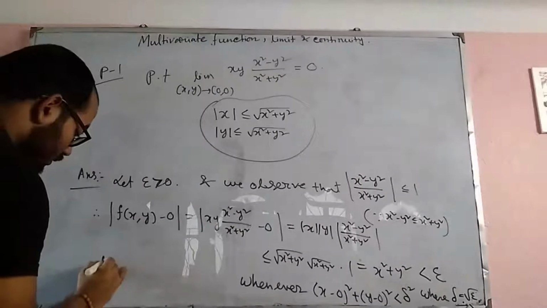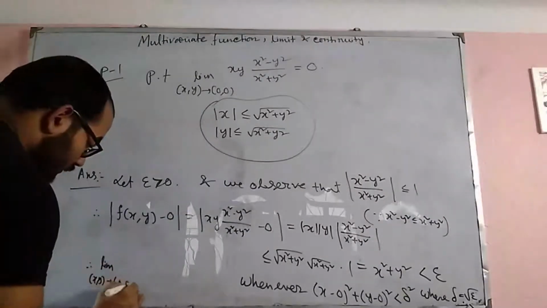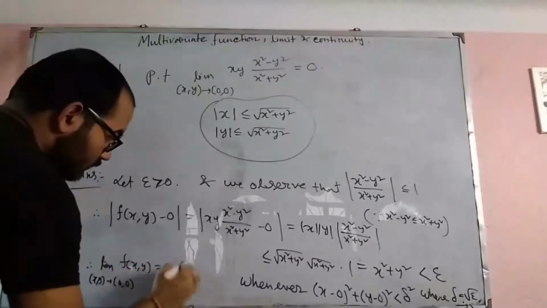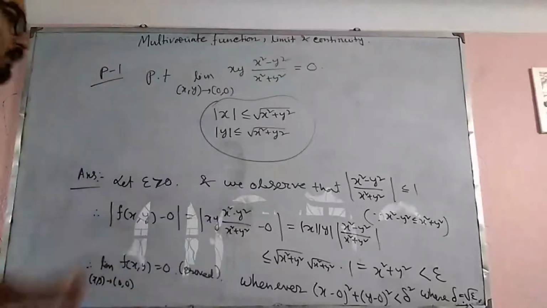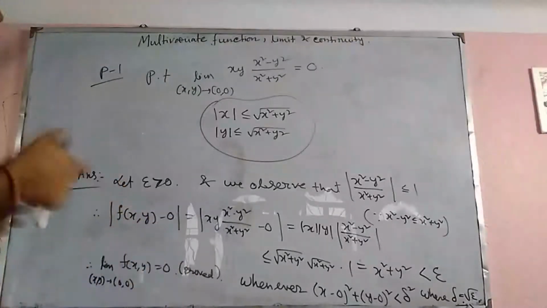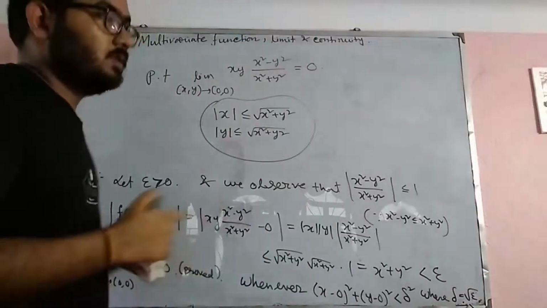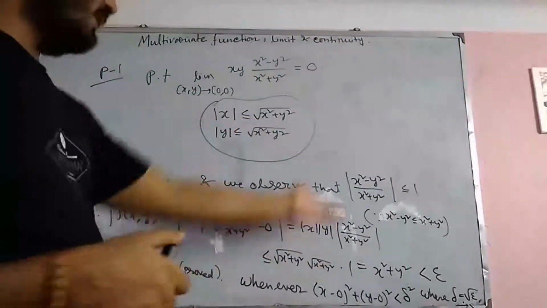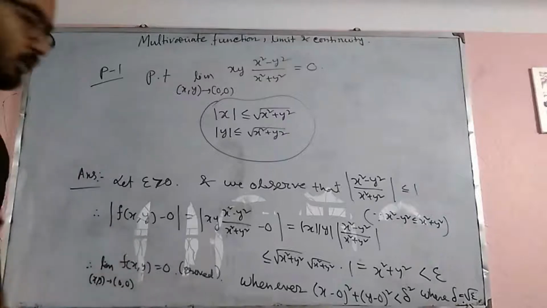So the limit as (x, y) tends to (0, 0) is equal to 0. Very easy. Just understand the definition and the pictorial view of the definition which I have shown to you, and remember these inequalities and this observation, and the problem is very easy.